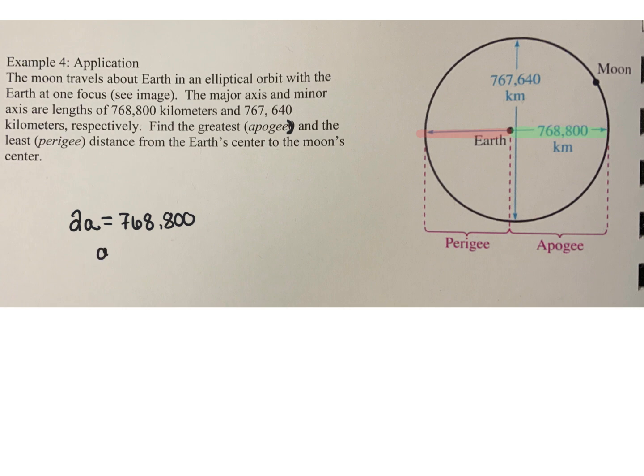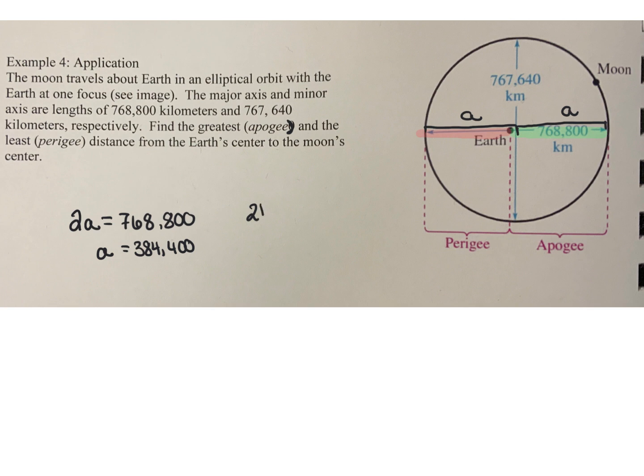And we divide by 2, we find out that a is equal to 384,400. That a distance is this distance. This is a, and then that's a.